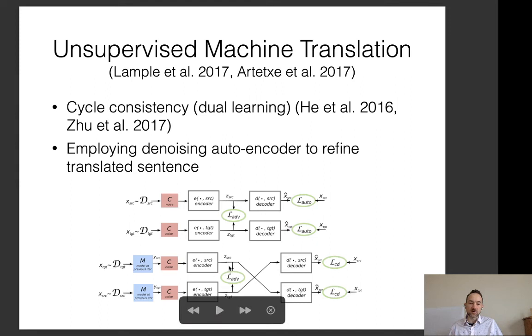So in order to encourage the style to be similar, we have this adversarial loss that tries to get things in the source and the target to be essentially similar distributions. I'm not going to go into this a whole lot. There's a lot to talk about with unsupervised methods for style transfer and unsupervised translation, but that's the basic idea here.